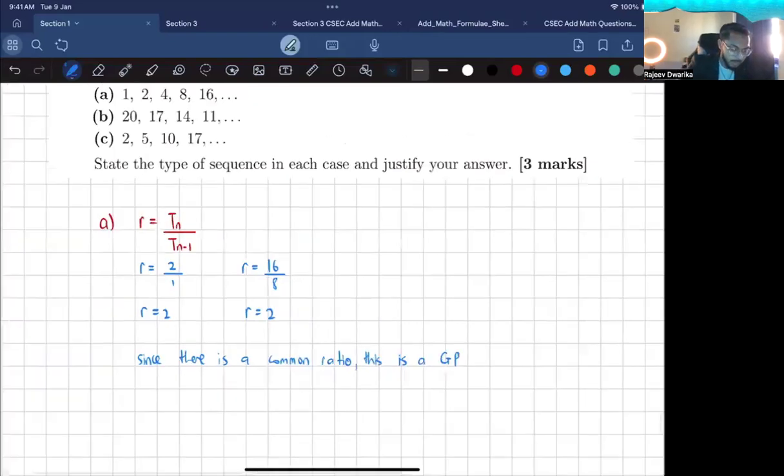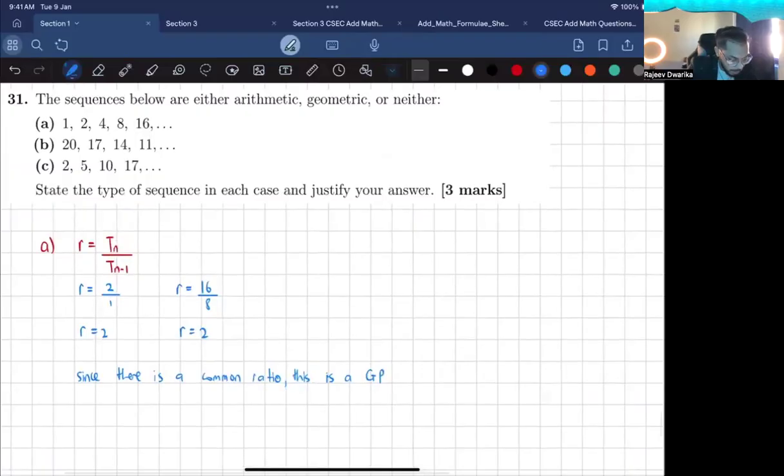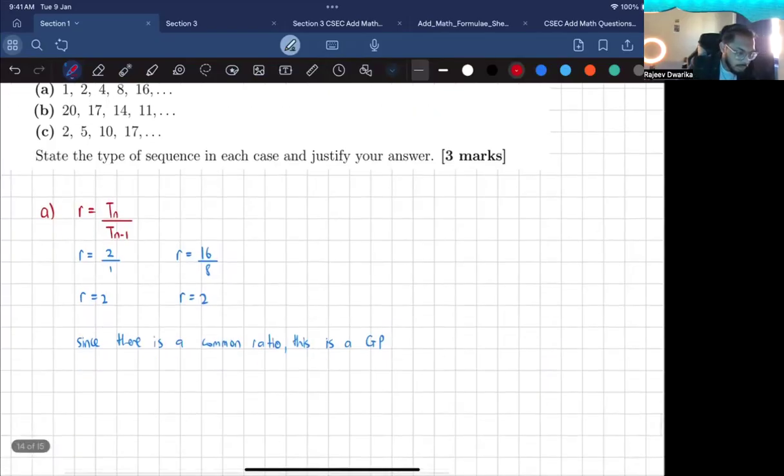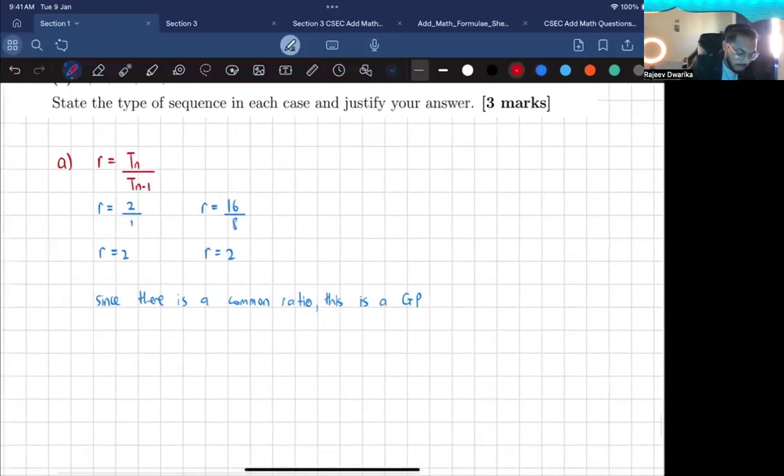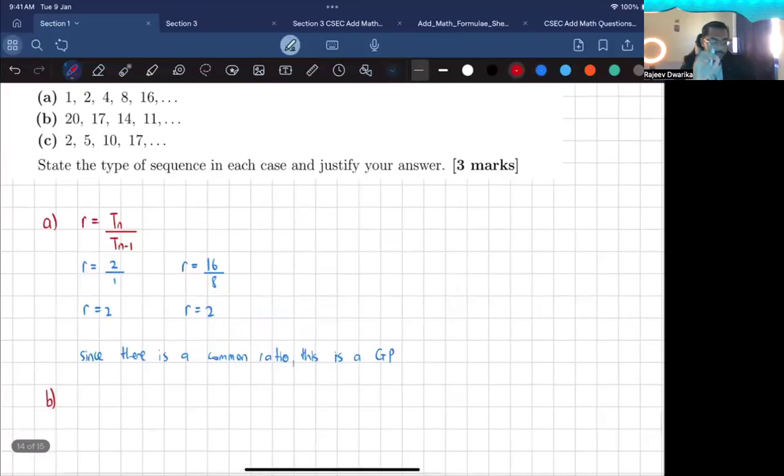Cool. Let's keep moving on. Kira, I would like you to help me with part B, right? For part B, you see 20, 17, 14, 11, what does it look like? Yeah, minus 3.